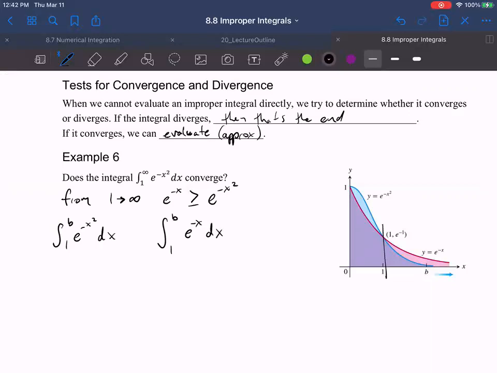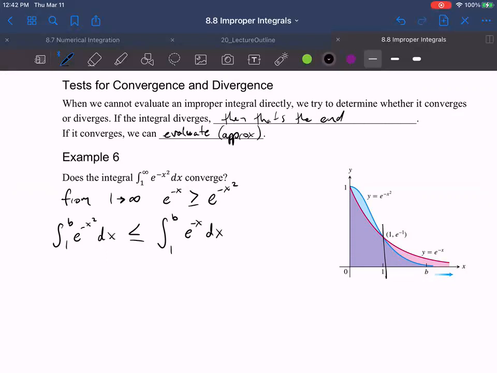Which is smaller? Is less than or equal to? Right, they're equal at 1, so less than or equal to that.